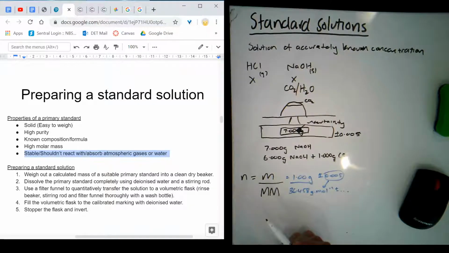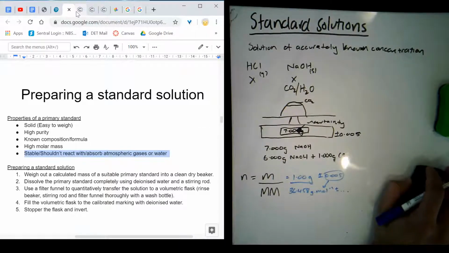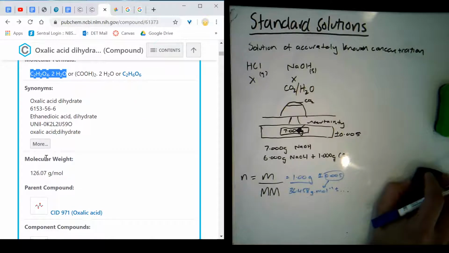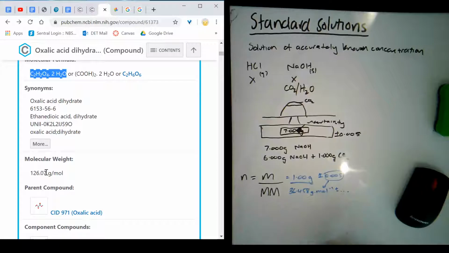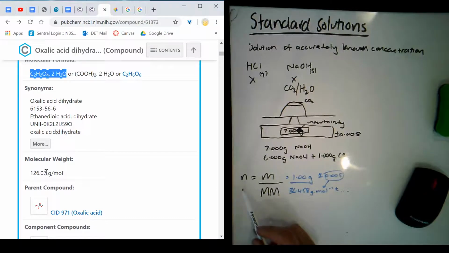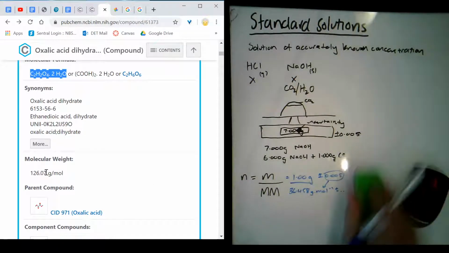If I have something with a higher molar mass, say for example oxalic acid, which is a really good primary standard, 126.07 grams per mole, well, 0.005 as a fraction of that is far smaller. So when you're working out the number of moles, you end up with a far smaller percentage error. So that's the reason for that.